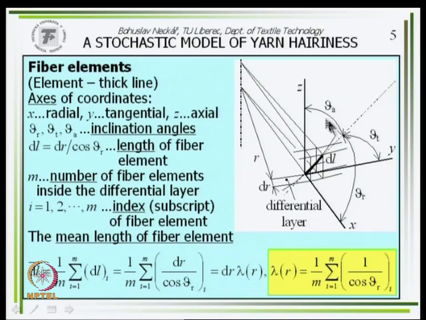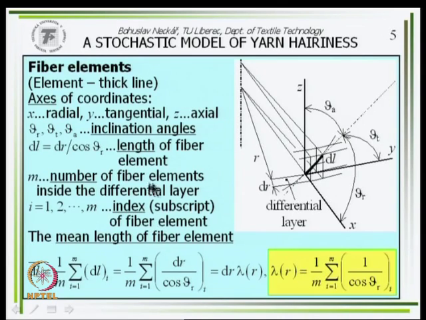And to the axis Z, the axial direction, it is the angle theta a. The length of this fiber element is dr divided by cosine theta r, as is evident from this scheme.